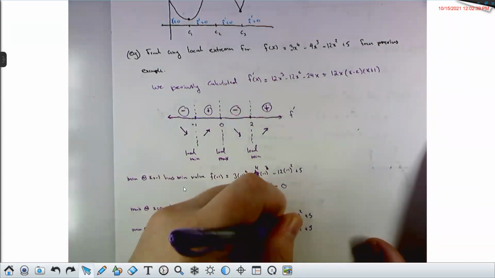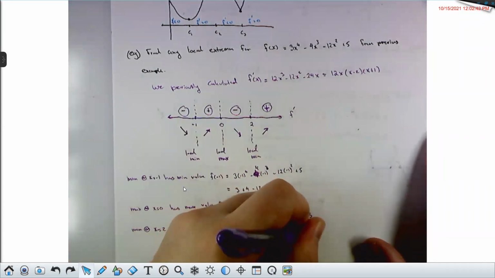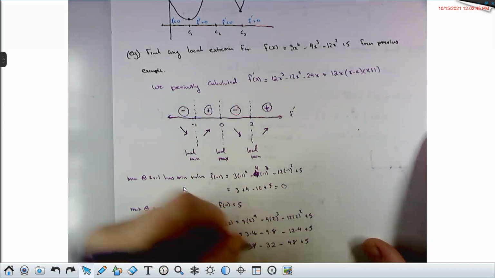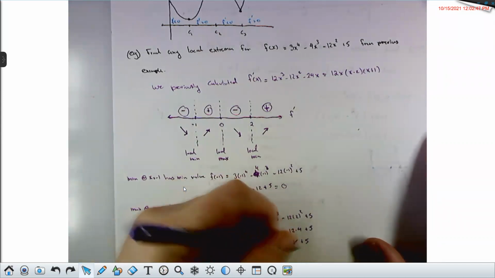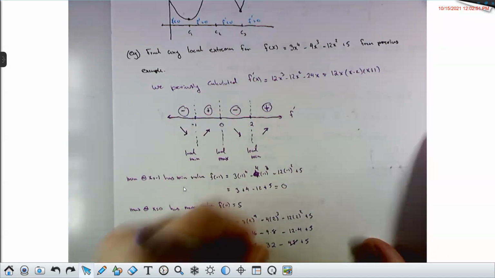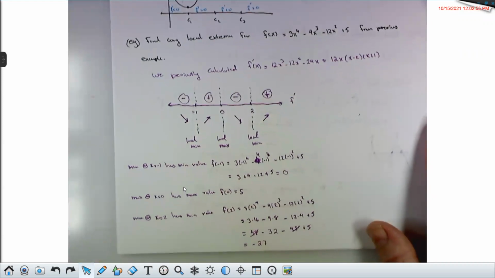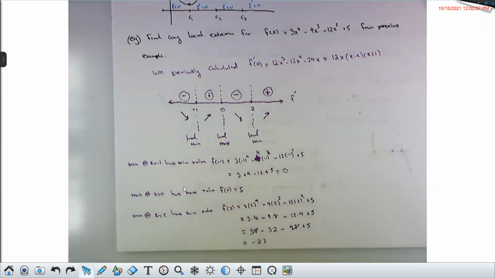Minus 12 times 4 is also 48. Plus 5. So the 48s go, and we have negative 32 plus 5, which is negative 27. So I found all the mins and maxes for this function and their min and max values.